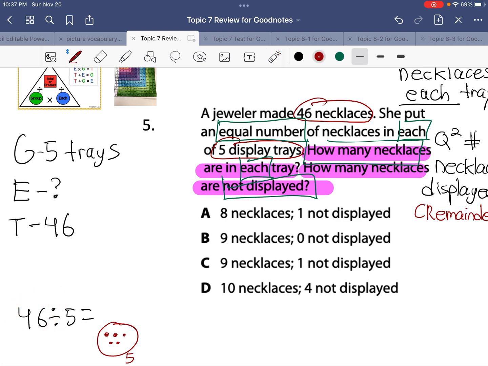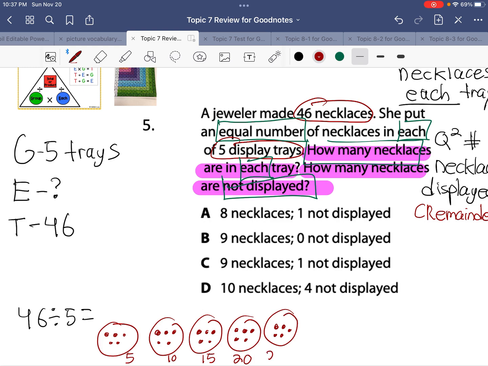Okay. 6, 7, 8, 9, 10, 11, 12, 13, 14, 15, 16, 17, 18, 19, 20, 21, 22, 23, 24, 25, 26, 27, 28, 29, 30.